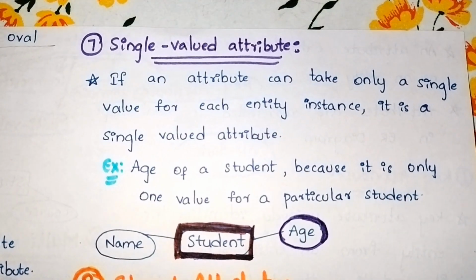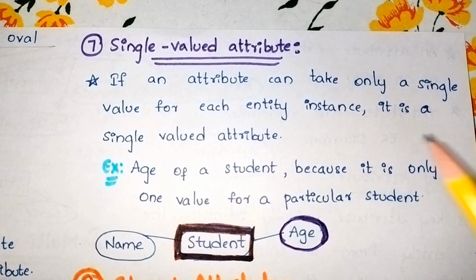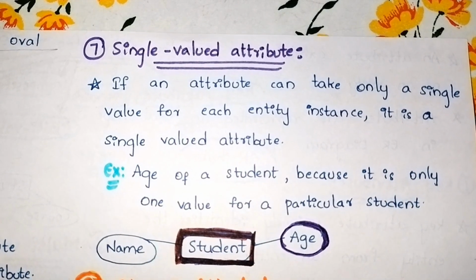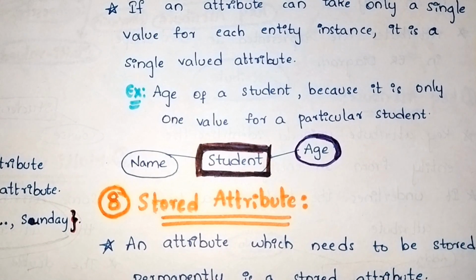Next, we have single valued attribute. If an attribute can take only a single value for each entity instance, it is a single valued attribute. That is, if an attribute can take only a single value for an entity without considering multiple values, then it is considered a single valued attribute.